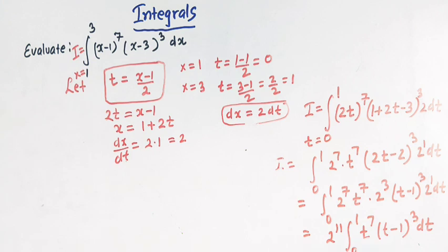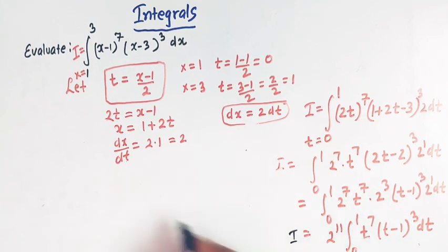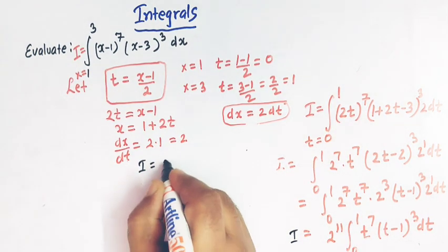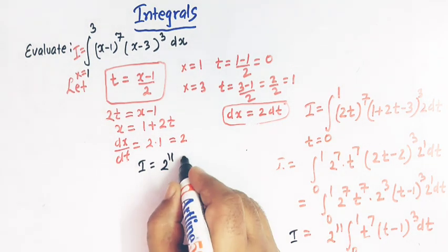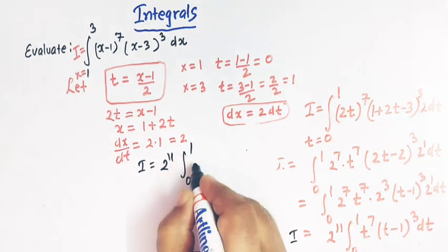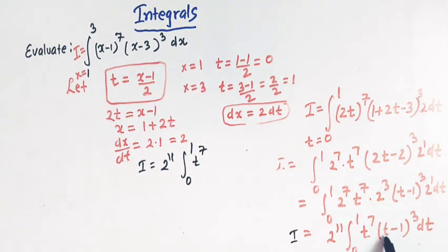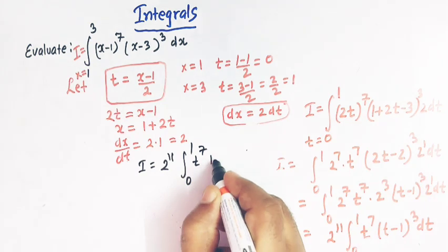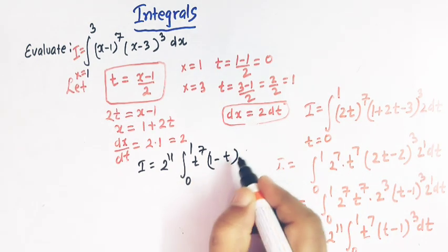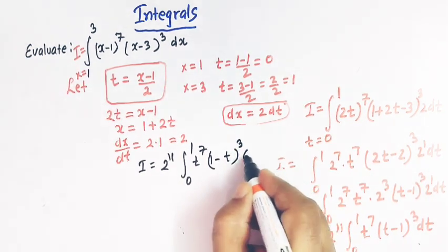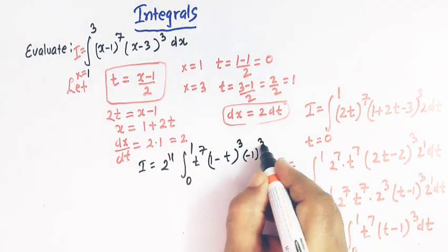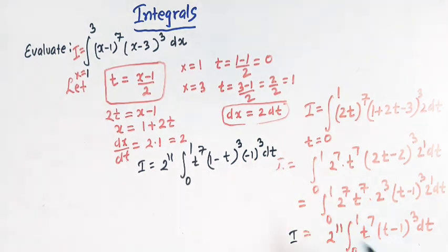So now we can write this integral I as 2 raised to 11 times the integral from 0 to 1 of t raised to 7, (1 minus t) raised to 3, times (minus 1) raised to 3, dt.